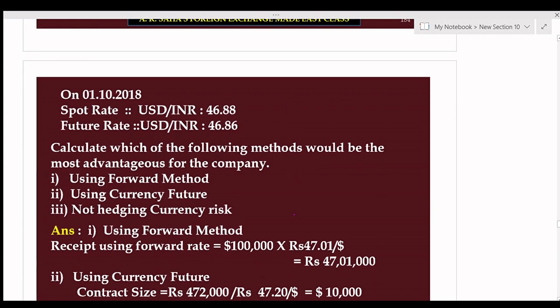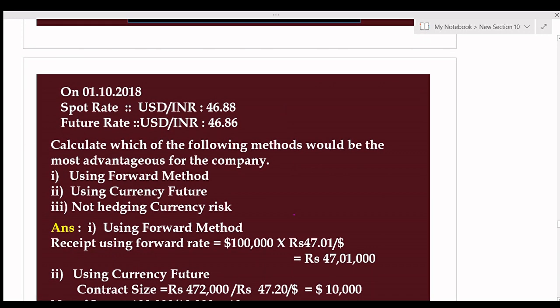On 1/10/2018, that is expiry, the spot rate is 46.88 and the future rate is 46.86. You will see that these rates are very close on the expiry date.